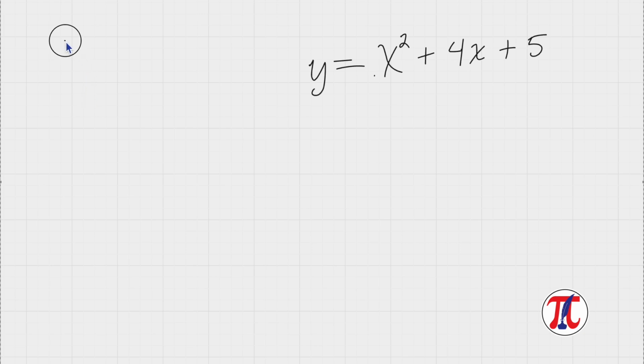Remember that a quadratic represents a parabola on a graph. And the parabola has a line that goes right down the middle, a vertical line, called an axis of symmetry, or line of symmetry.